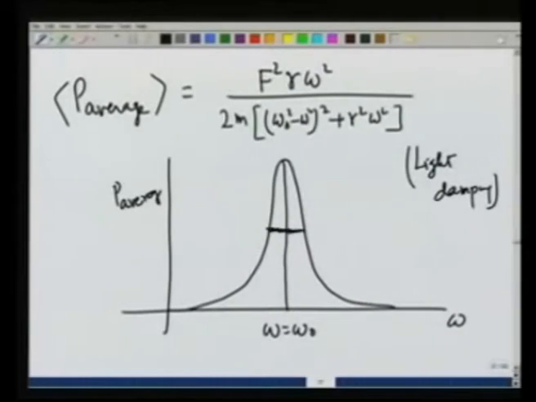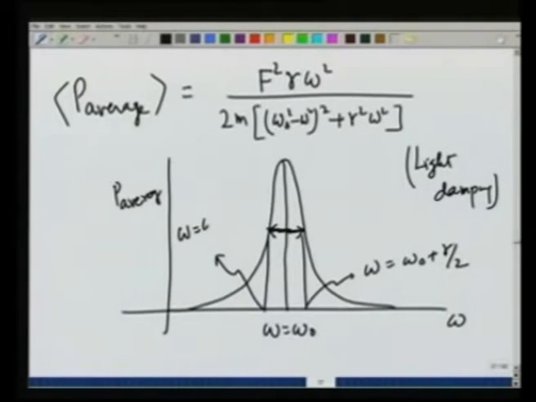And at omega equals omega naught plus gamma over 2 and omega equals omega naught minus gamma over 2, the power becomes half of the peak power. So, suppose this is P maximum.